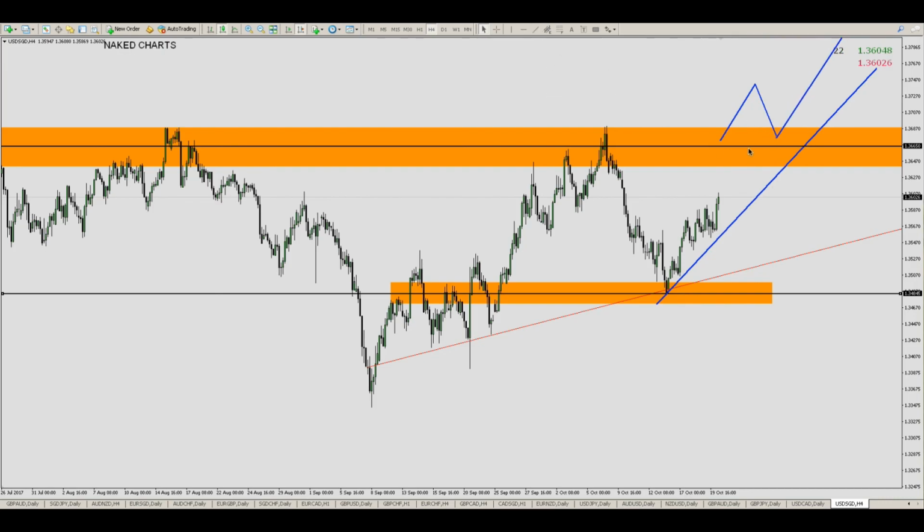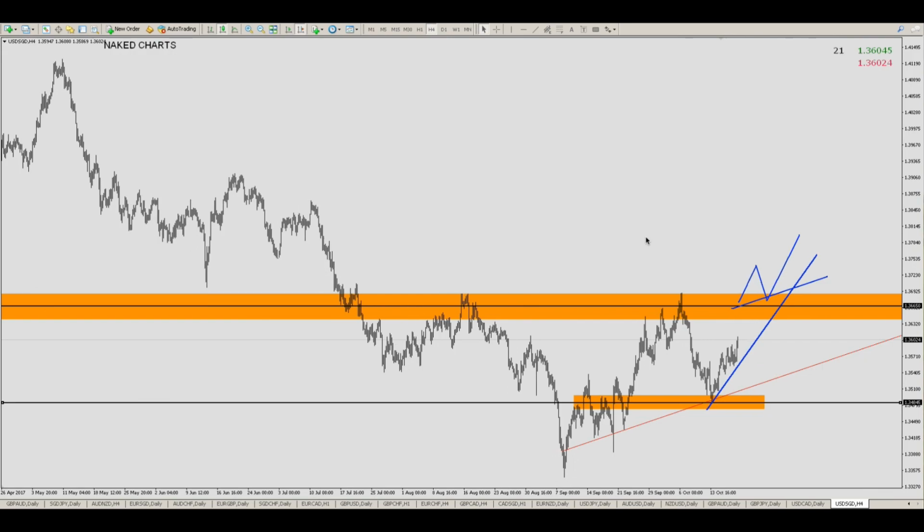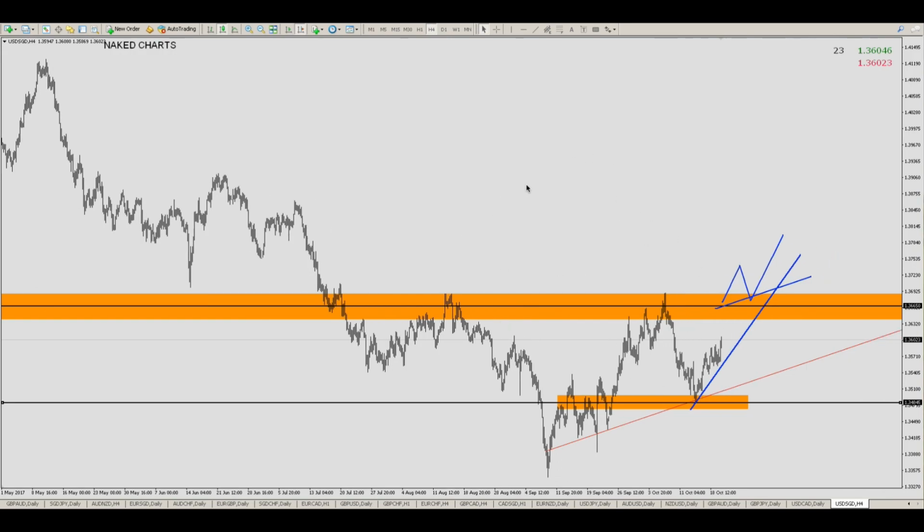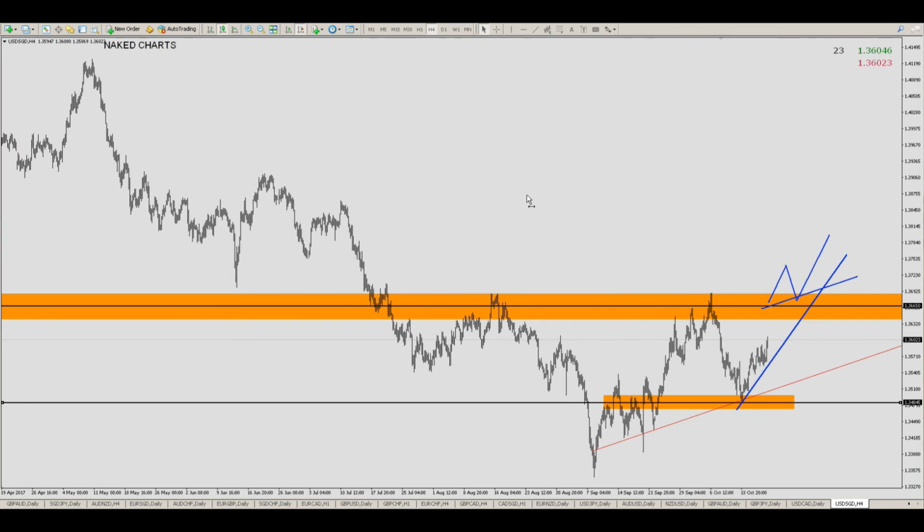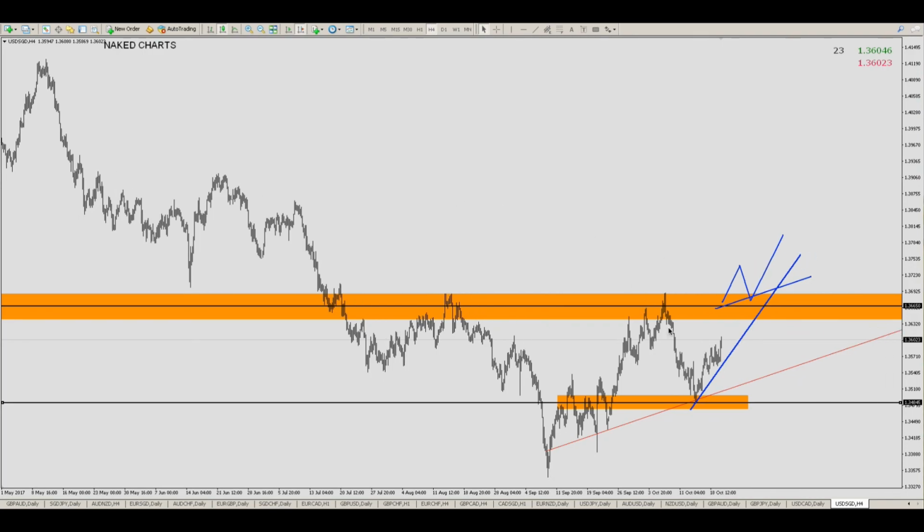So this is the possible scenario. I'm not going to do anything for this one, because now I don't have an entry for the USD Singapore dollar since I already exited my selling here. So now I'm going to buy after the break of the significant level, area of price here.